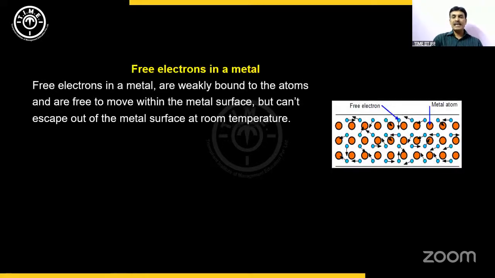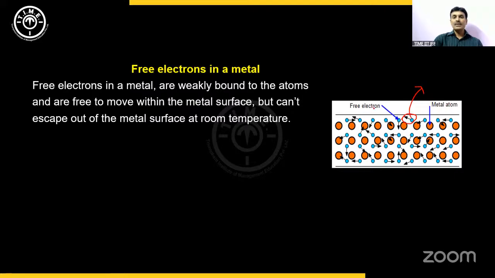Understood? Right. So first we need to know about free electrons in metals. A metal contains many electrons, and the electrons that are weakly bound to the atoms can move throughout the material, and upon supply of sufficient energy, these electrons can be pulled out of the metal.